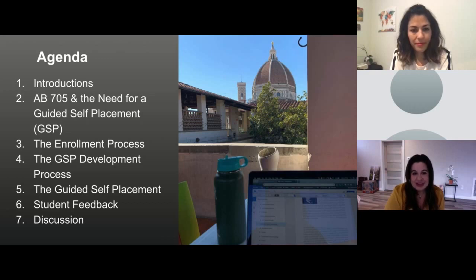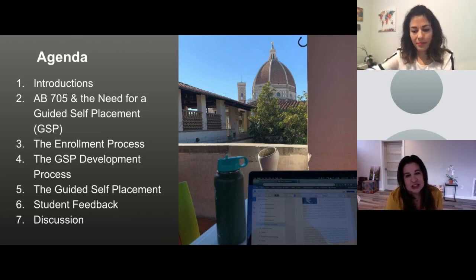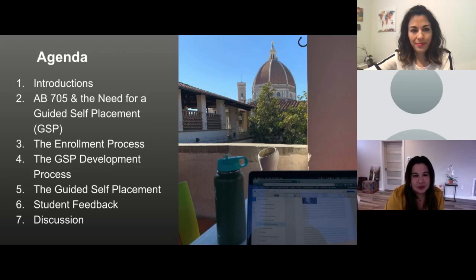We'll take a look at the guided self-placement that we have in place currently, the feedback we've gotten from students, and then we'll have time for discussion, question, and answer. And I just wanted to preface it by saying that all of the information from numbers 3 through 6 are based on our experience at Santa Rosa Junior College, and it's limited to that experience.